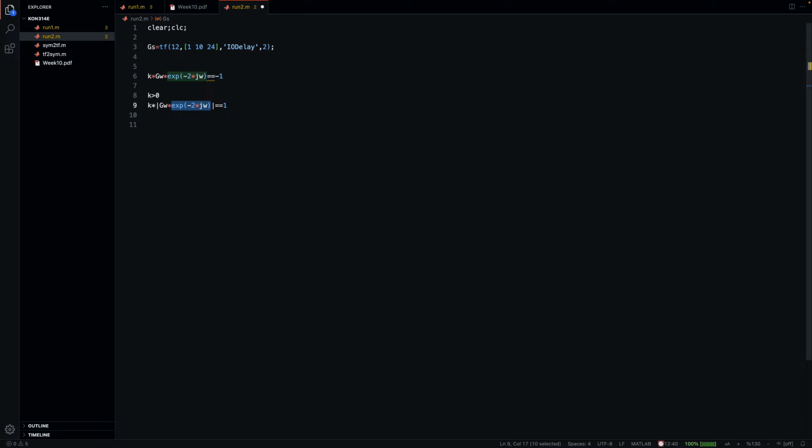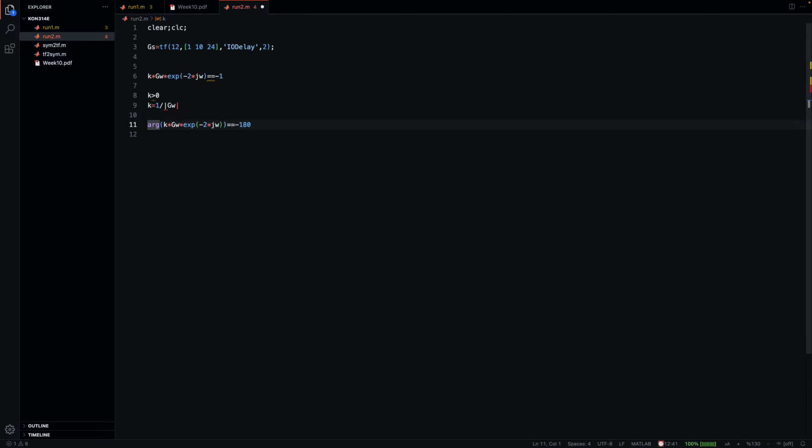So it doesn't change, so I'm just going to get rid of it, and K is going to be 1 divided by G(omega)'s magnitude. So nothing different there. But if we look at the argument, this should be negative 180 degrees.